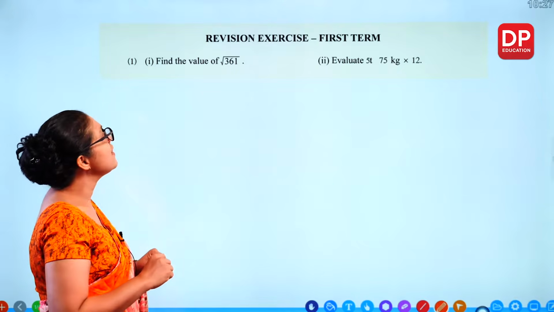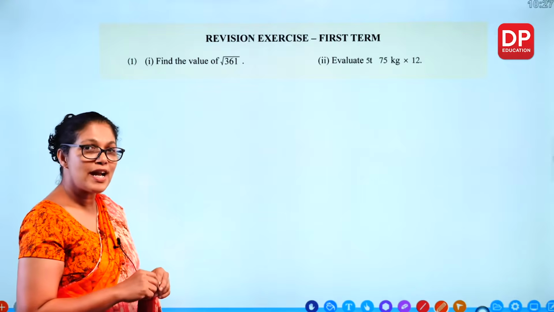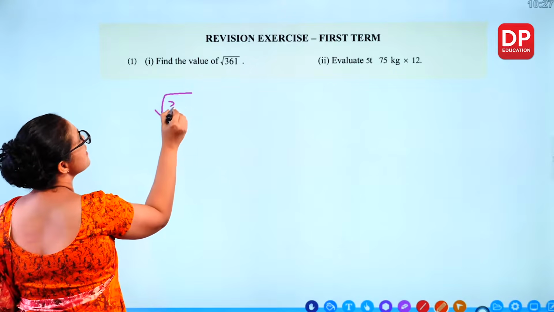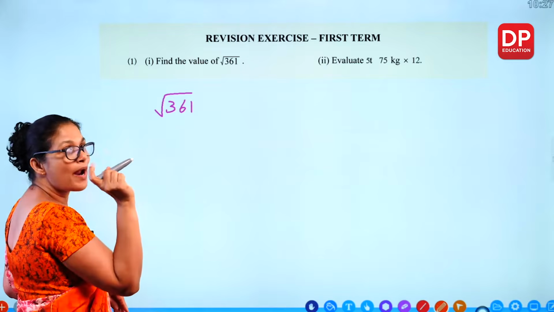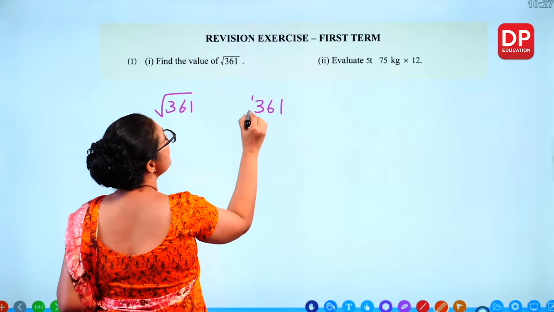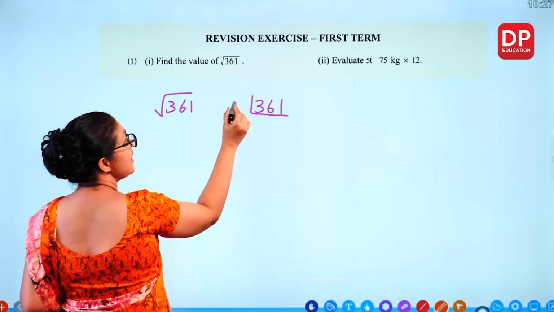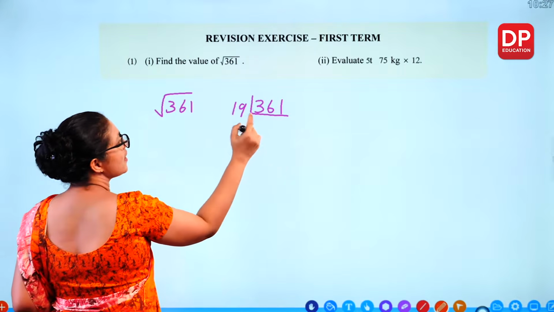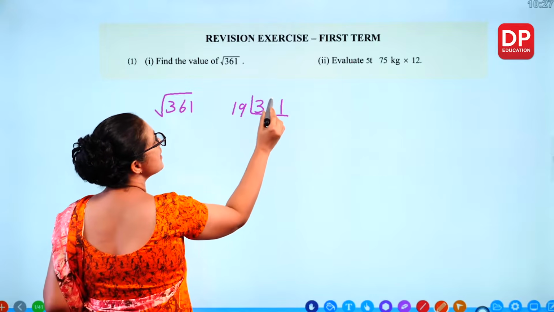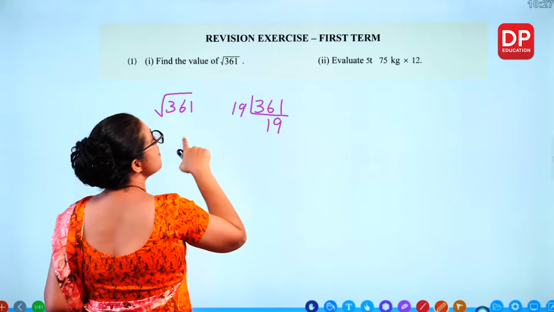It says find the value of square root 361. So how do we find the square root of 361? You can use prime factors. When you divide 361 by 19, you get 19 times 1, and again you get the remainder.